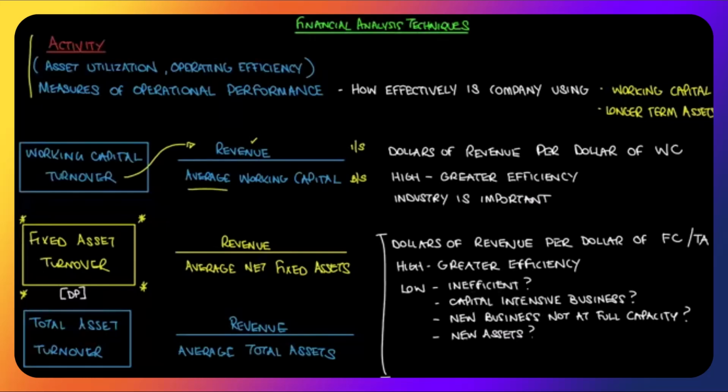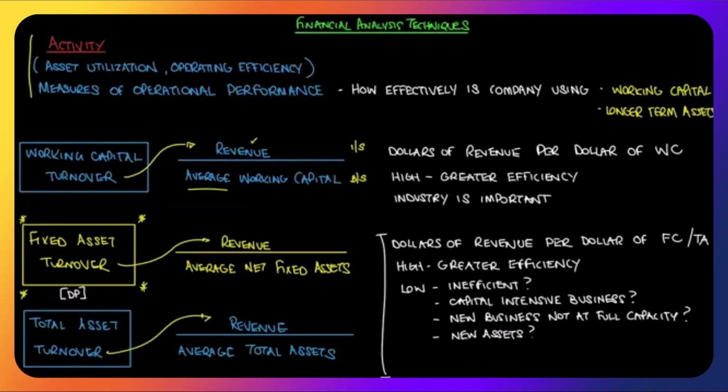This is a different ratio than the previous 3 turnovers we looked at. The word turnover in those first 3 meant how quickly do we turn over that balance? How quickly do we turn over inventory, receivables, and payables? On this screen, turnover simply means revenue.